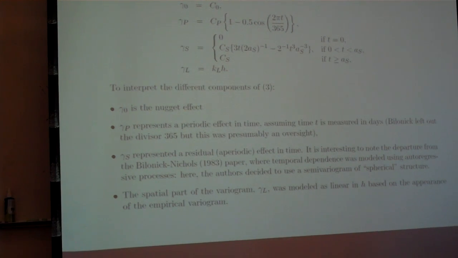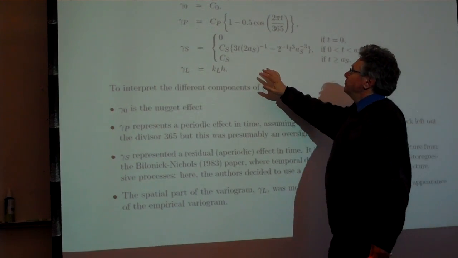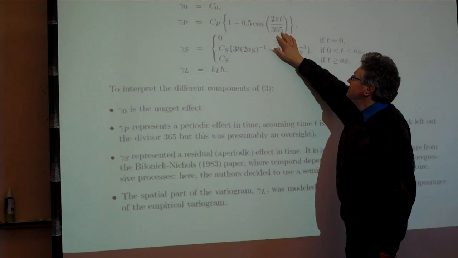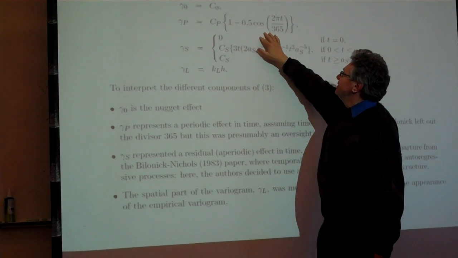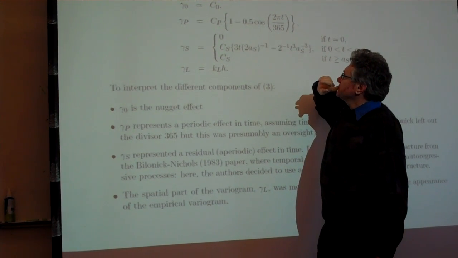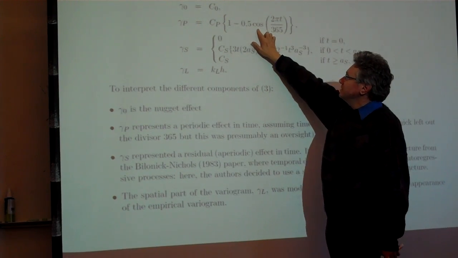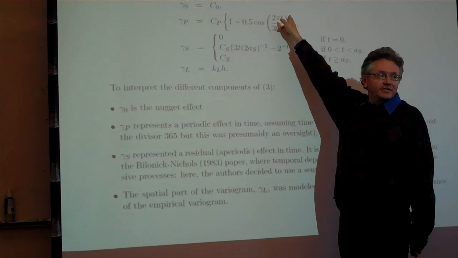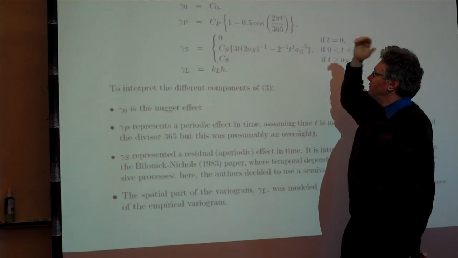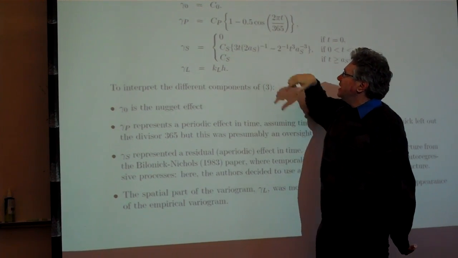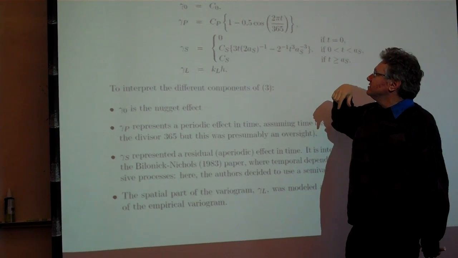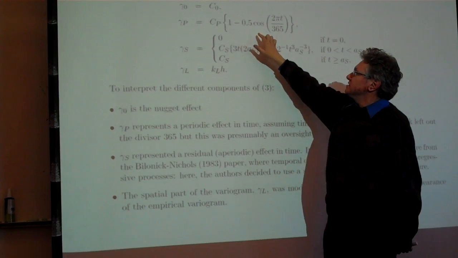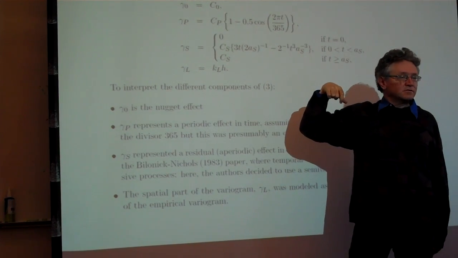So the nugget is just a constant. The periodic component is a cosine with a period of a year, and t is measured in days. The reason it's 1 minus a half the cosine is to ensure that the term in the brackets is positive.